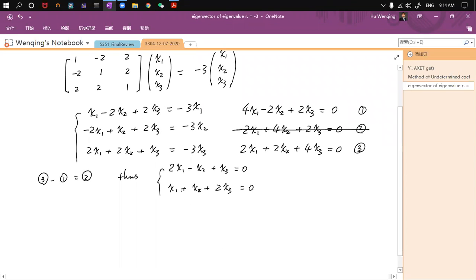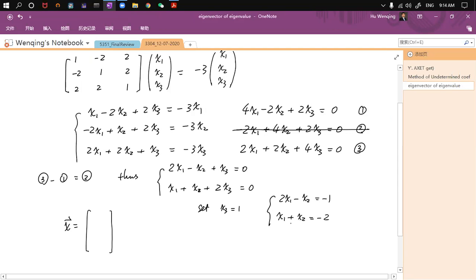Once you have that, the eigenvector can be taken from these 2 independent equations. Let's say you set x3 to be 1, then you're going to have 2x1 minus x2 plus 1 equal to 0, and x1 plus x2 is equal to minus 2.